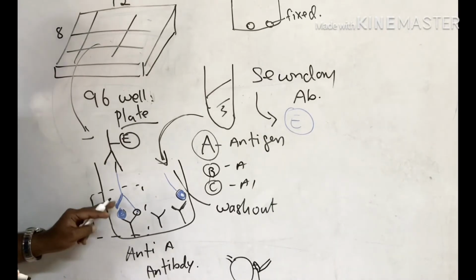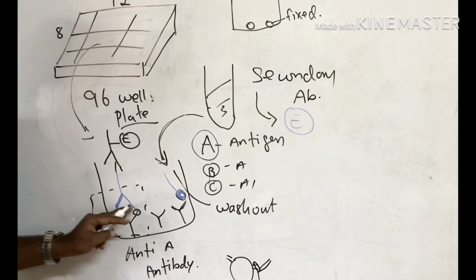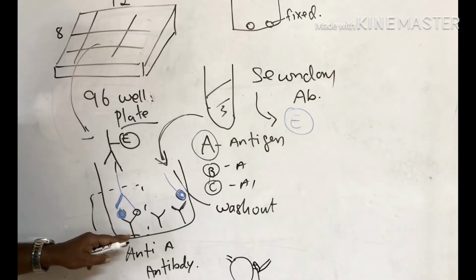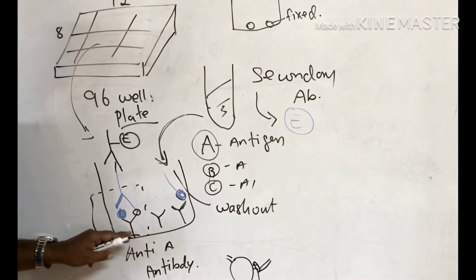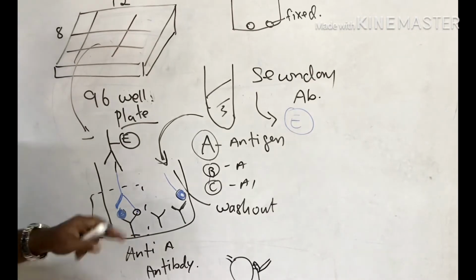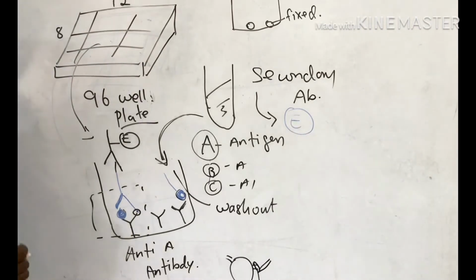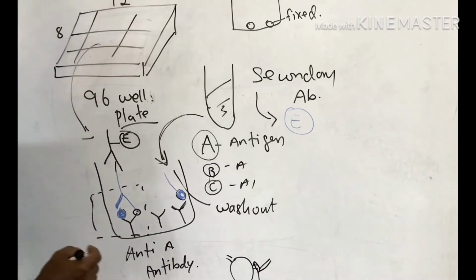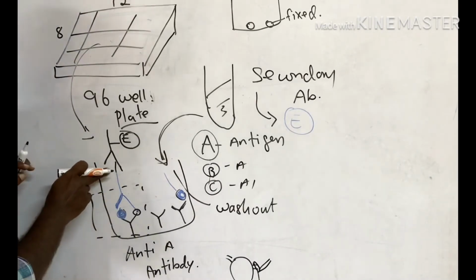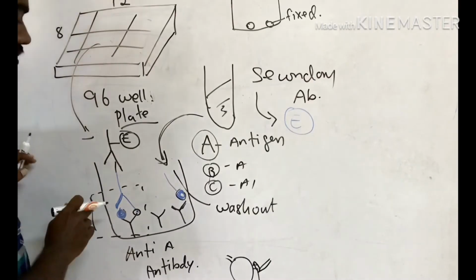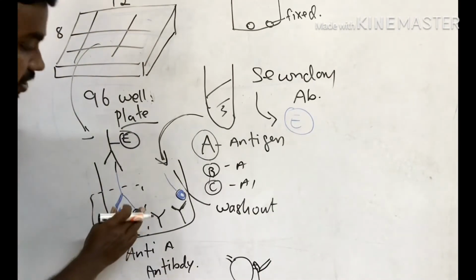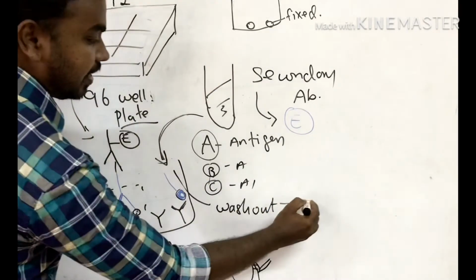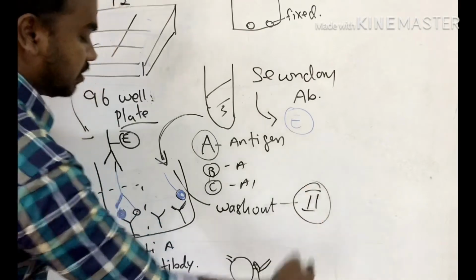The targeting antibody is attached to the specific antigen of interest, and this antigen is attached to the fixed or coated antibody. Now in the next step, again we will wash to remove unbound secondary antibodies. If anything is unbound, not attached, that should be removed.